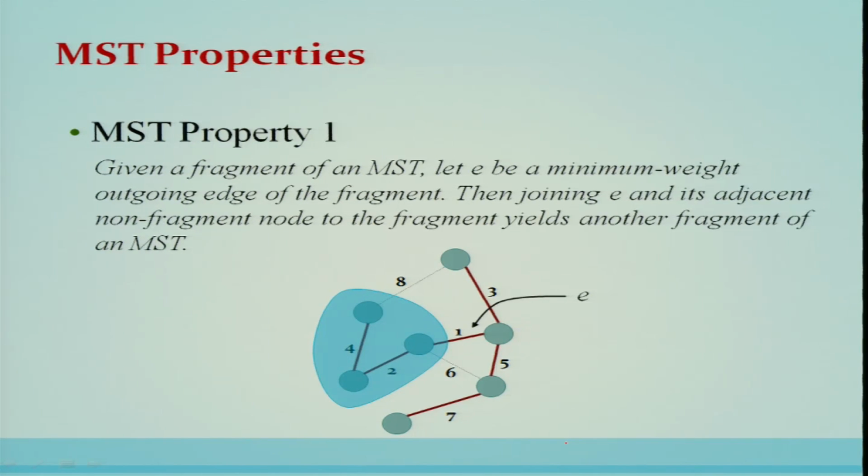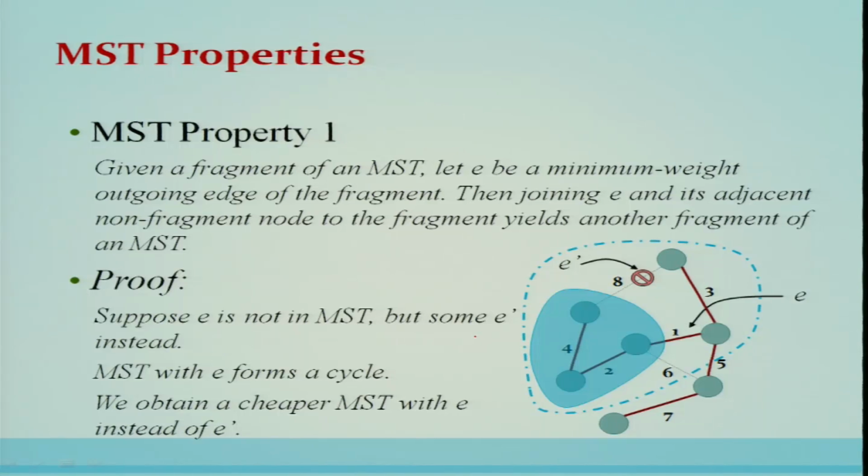MST property 1 says that given a fragment of an MST, let E be a minimum weight outgoing edge of the fragment.